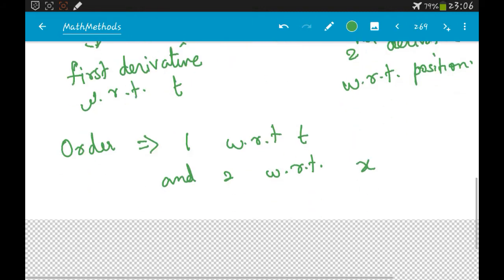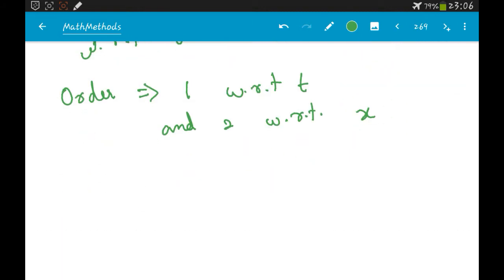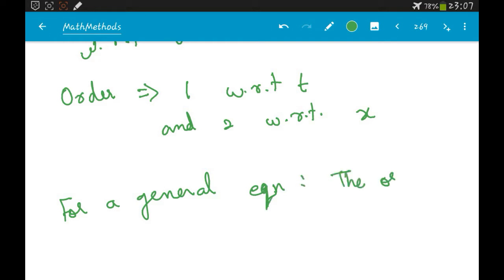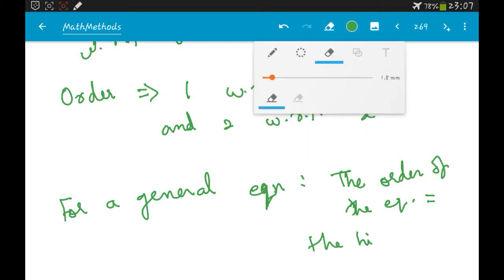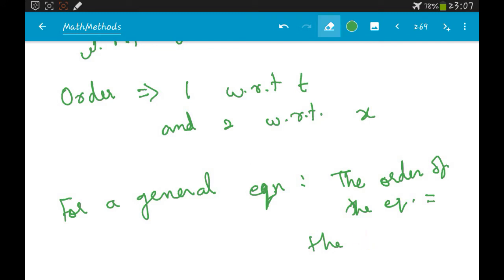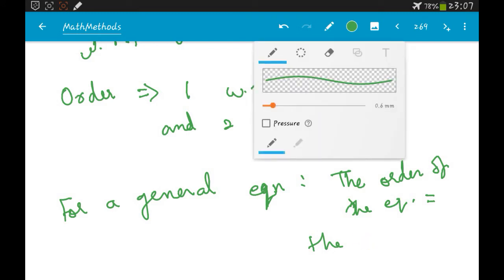Okay. So for a general equation, the order of the equation is equal to the order of the highest derivative.